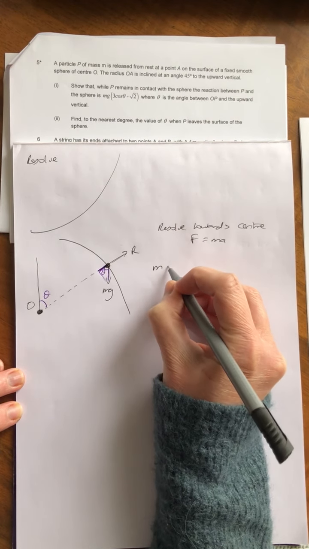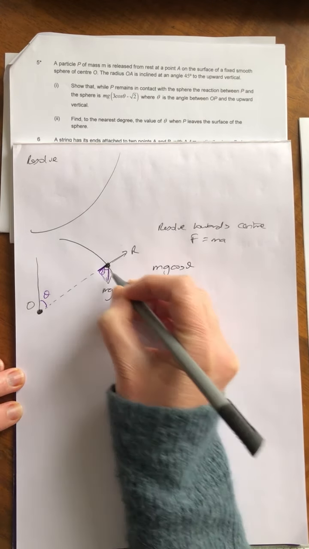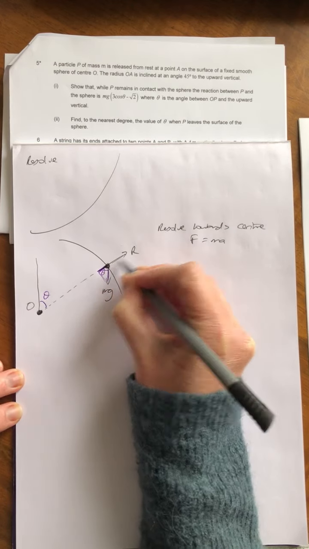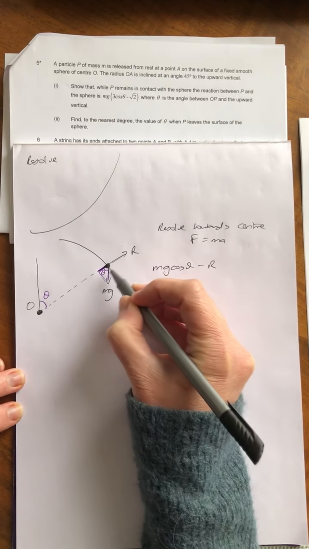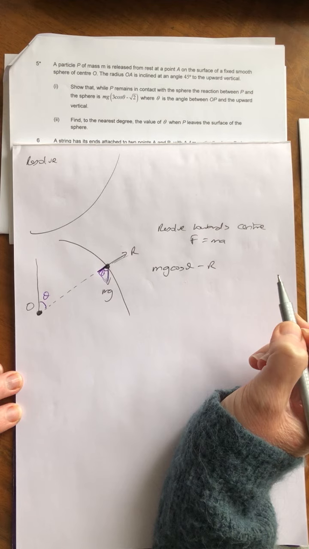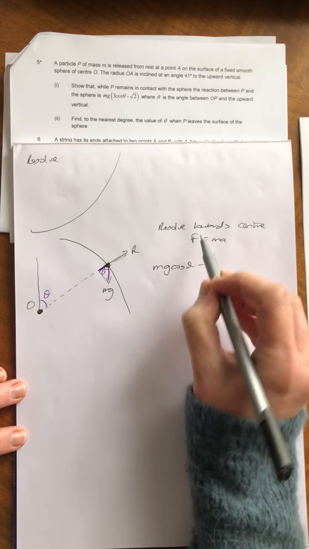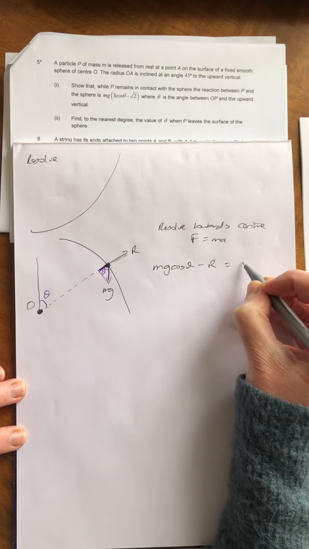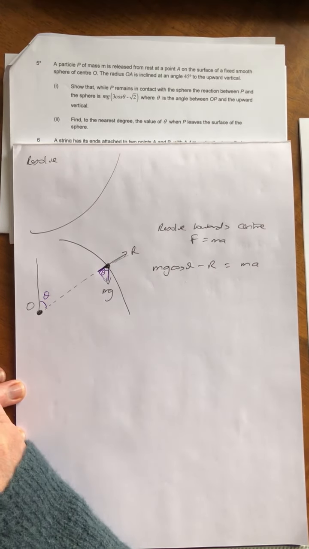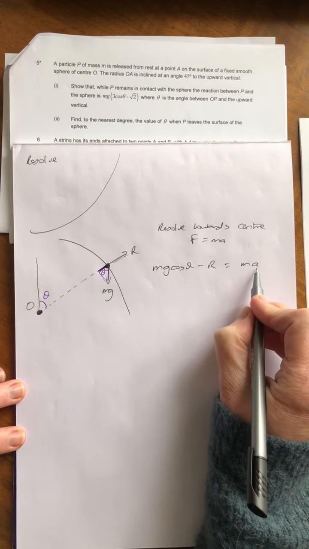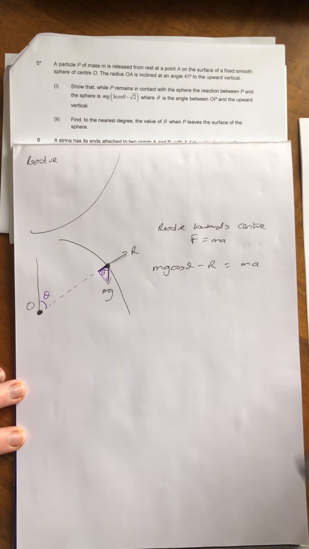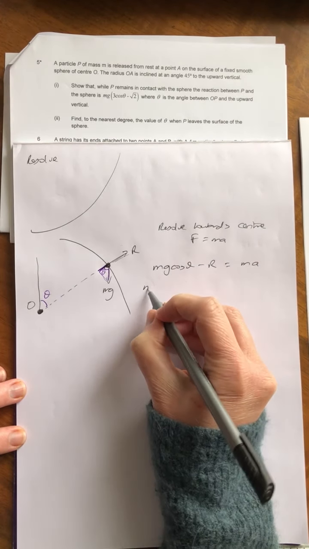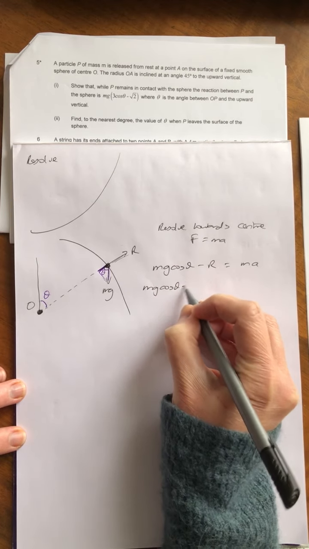So I've got mg cos theta heading towards the centre of the circle, and my forces going away from the centre are R. So that's my resultant force in the direction of motion, and that has got to be equal to m times a. The a I'm going to use, of course, is v squared over r, because that's the expression I've got in the previous part of the question.